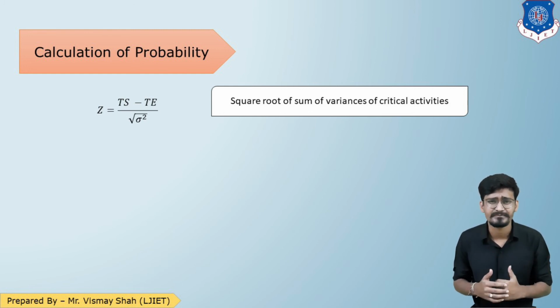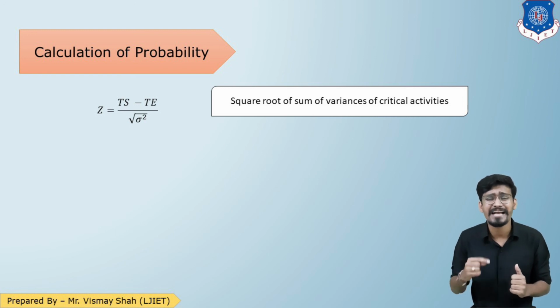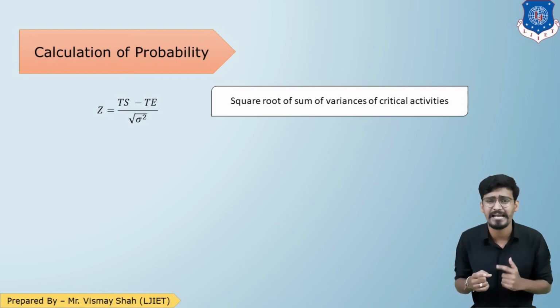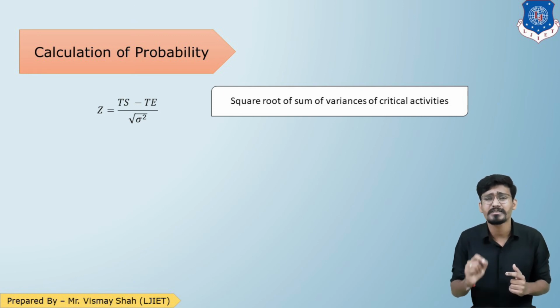TS is the schedule time, which is given in the question, here 40 days, minus TE, the expected time, which we have just calculated, 35, divided by under root sigma square, that is the square root of the sum of variances of critical activities.